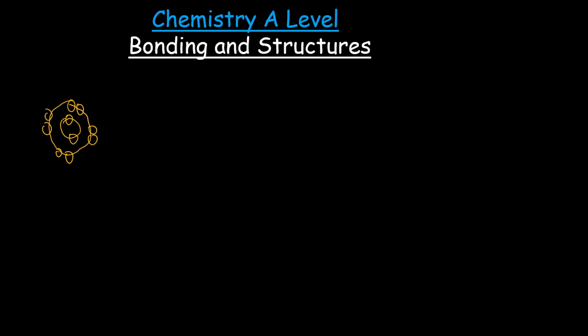Now this is 10, so it remains one more electron. Then we have one electron on the outermost shell. We're going to use dot and cross to represent the ionic bonding. That's what you're expected to do. So this is our sodium atom. This sodium atom plus our chlorine.